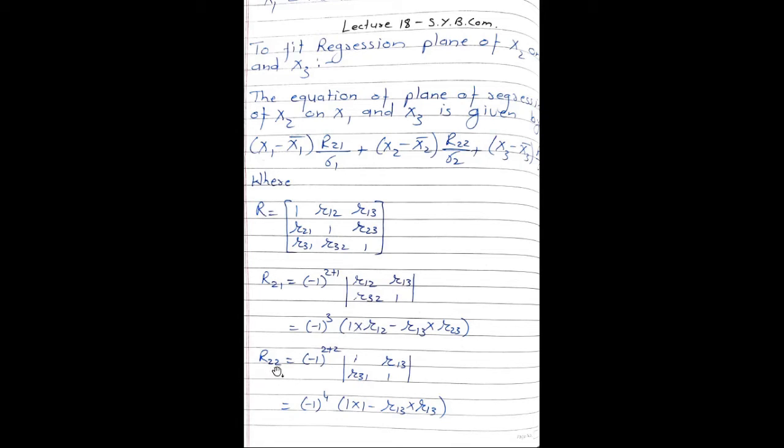Then R22 can be calculated as minus 1 raised to 2 plus 2. Hide the second row and second column. The values which are remaining in the determinant are 1, r31, r13 and 1. So it can be written as minus 1 raised to 4, 1 into 1 minus r13 into r13.